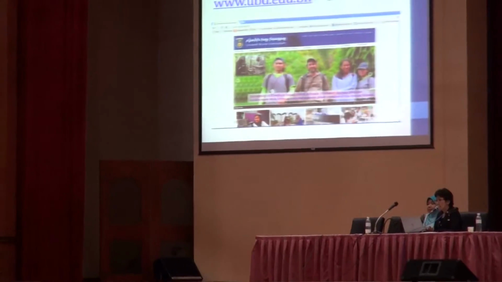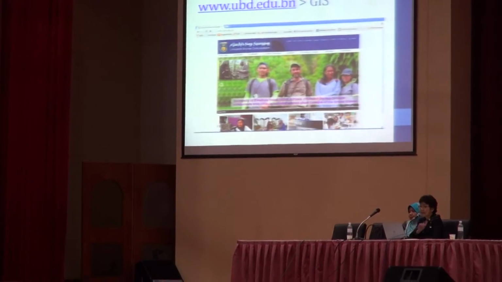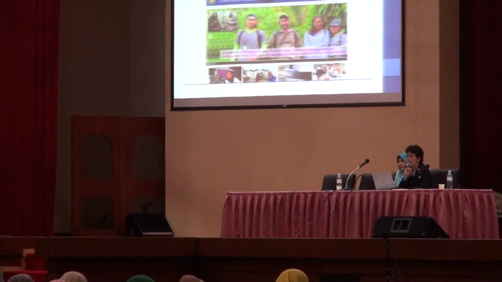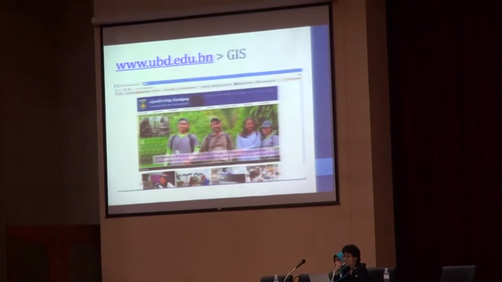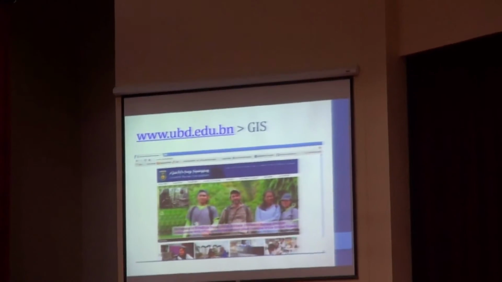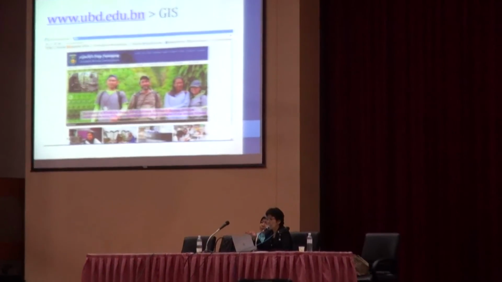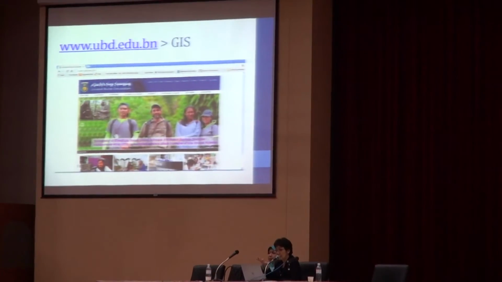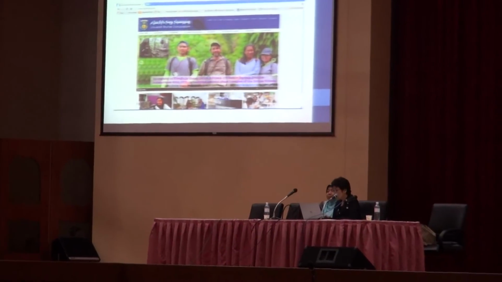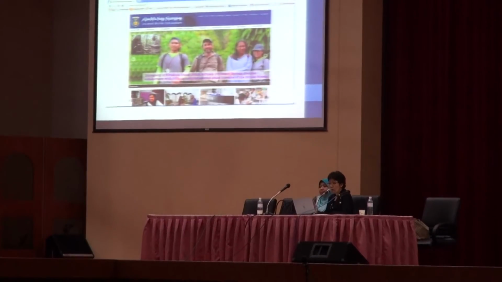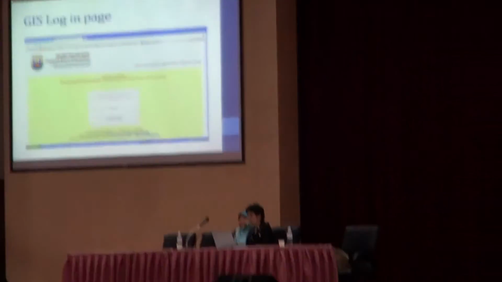Okay. Next to the My UBD is GIS. GIS is the student information system whereby this is the place you register. This is the place you look at what you have successfully registered to. And this is also the place you can see your examination result. Now, I will move on to how you log into GIS.